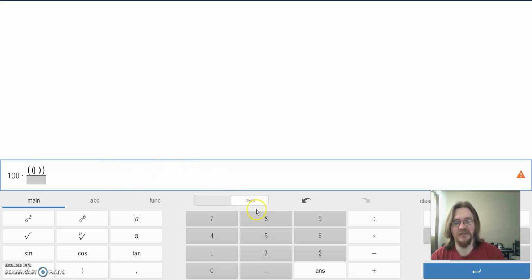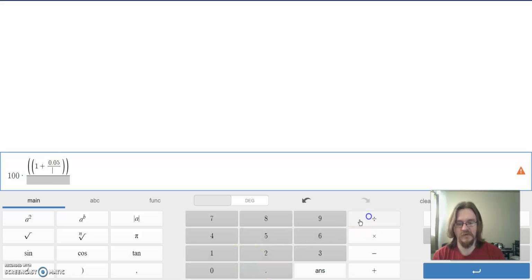And inside of that smaller set of parentheses, we had 1 plus our APR, which was 0.05 divided by 12. So this was inside of the smaller parentheses. And then that smaller set of parentheses we're going to raise to the 12 times 45 power, because it was 12 times a year for 45 years.